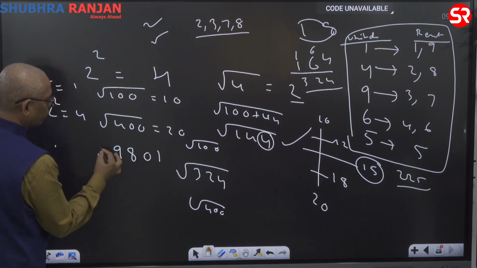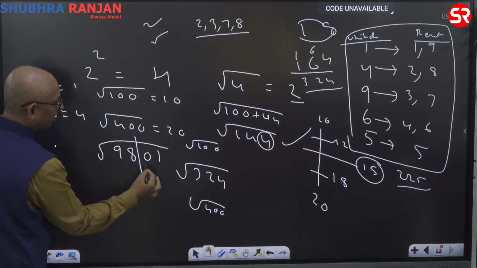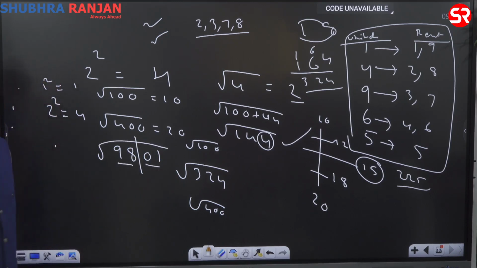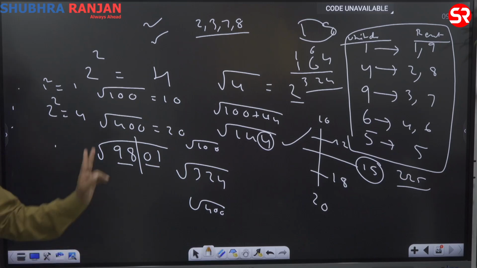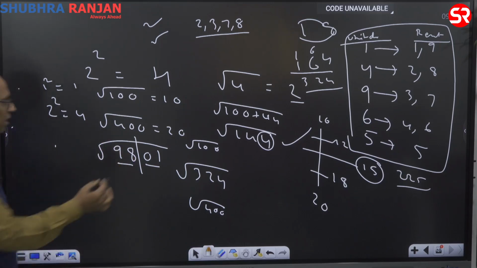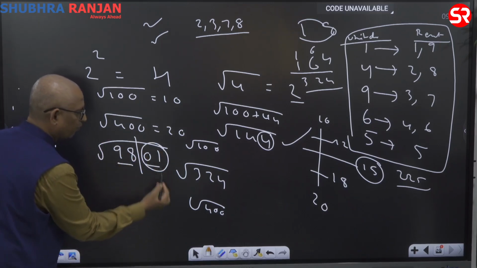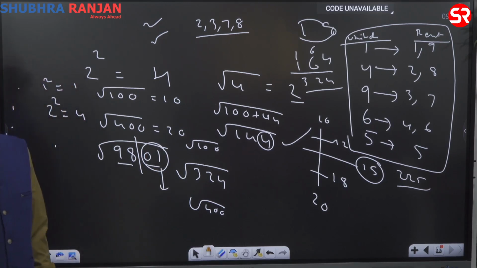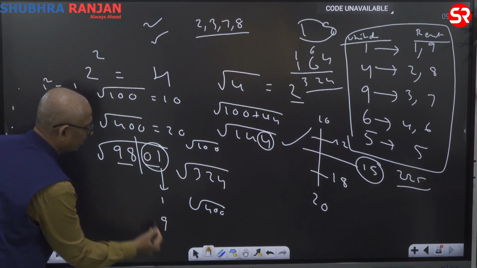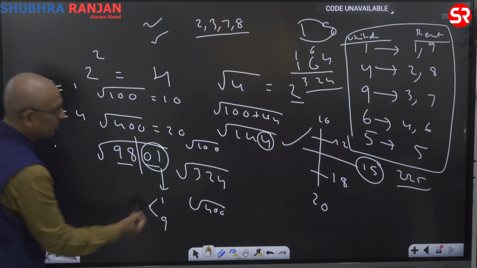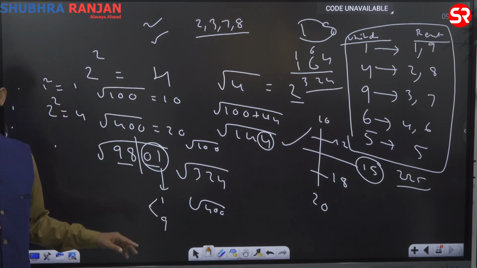Square root of 9801. See, we are dividing into groups of two digits because it's a square. So here what is there? 01 is there. For 1, what are the possible answers? 1 or 9. So we got the digit at the unit place. Now we are trying to get the digit at the tens place.